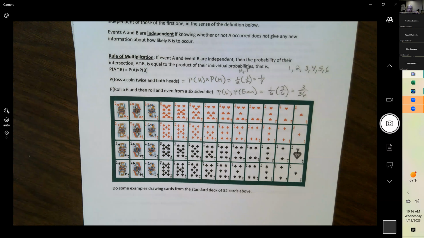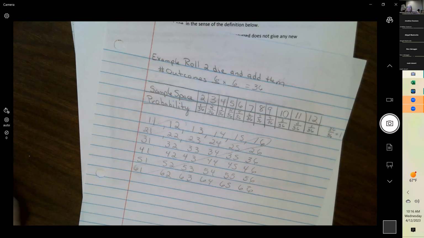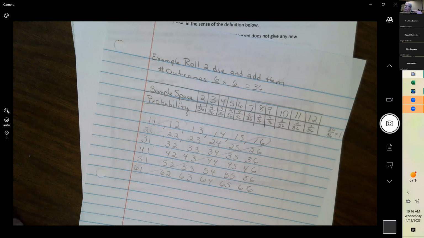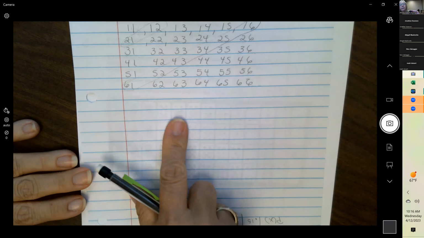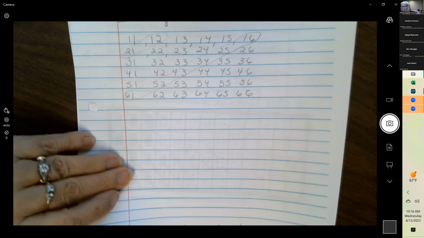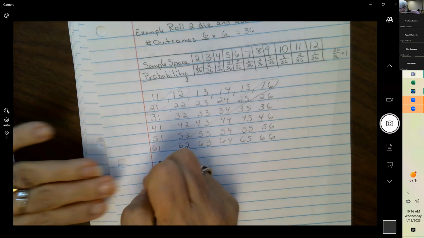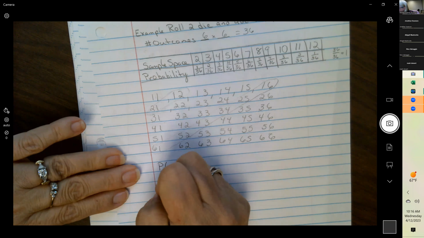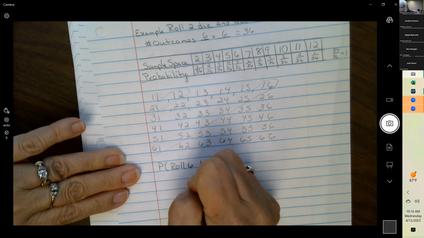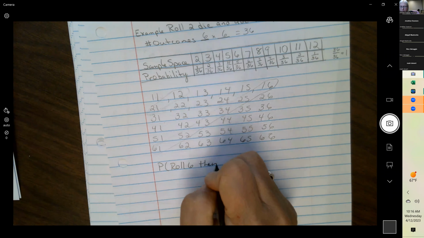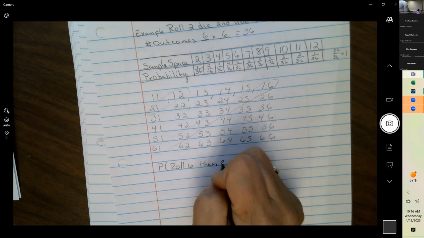If we looked at the entire sample space, last class when we rolled 2 die, we had this sample space, and we want to roll a 6 and then an even.